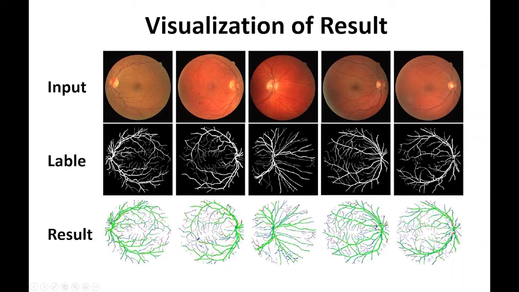And the blue vessels represent the non-existent blood vessels generated by the generator. From the last three photos, we can find that our model can clearly identify the main vessels, and there are very few unidentified and incorrectly identified vessels. It proves the superiority of the model.